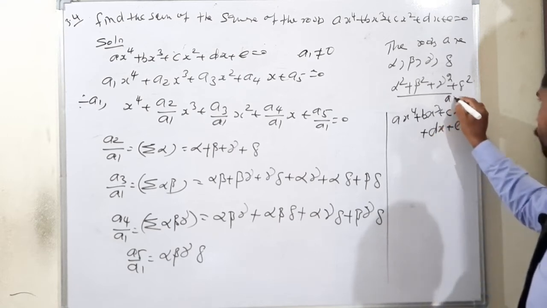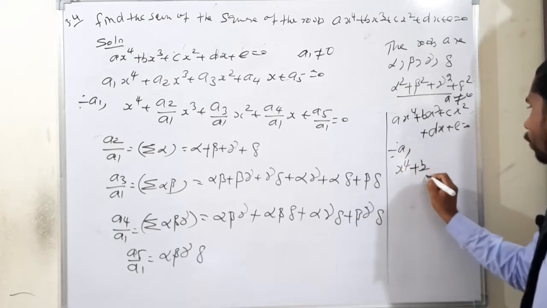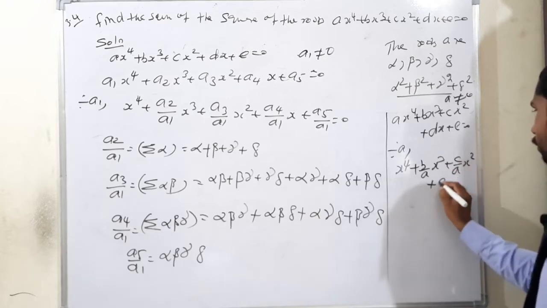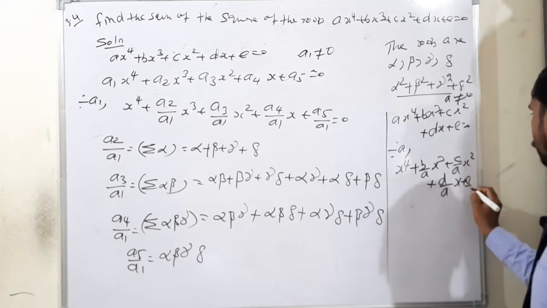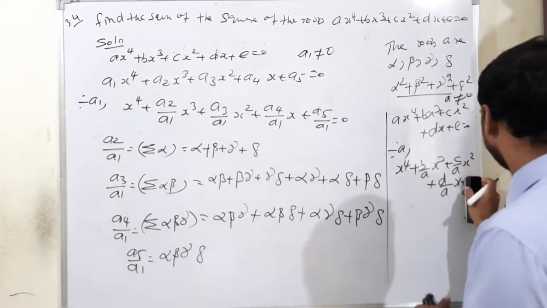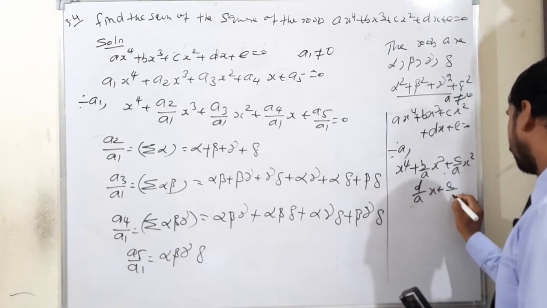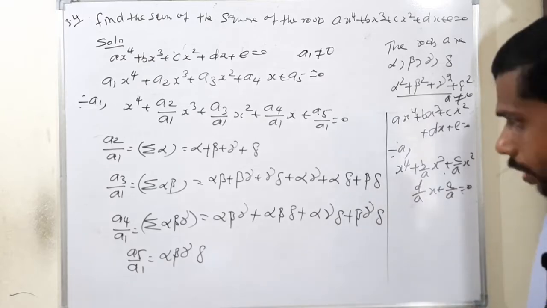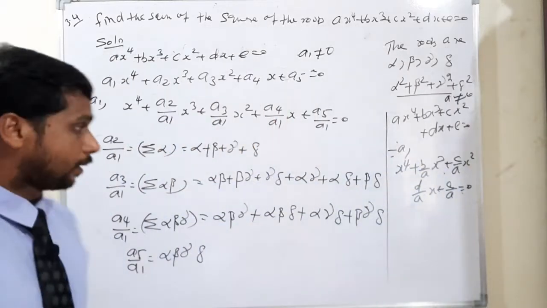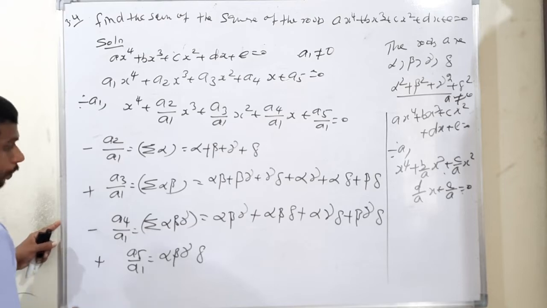Here also the leading coefficient is not equal to 0, so divide by a. x to the power 4 plus b by a x cube plus c by a x square plus d by a x plus e by a is equal to 0. Now equating, x to the power 4 as it is, the signs are plus, minus, plus, minus, plus.